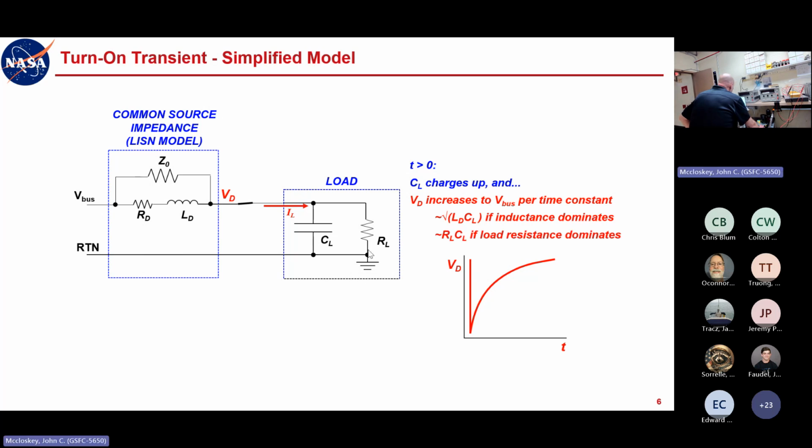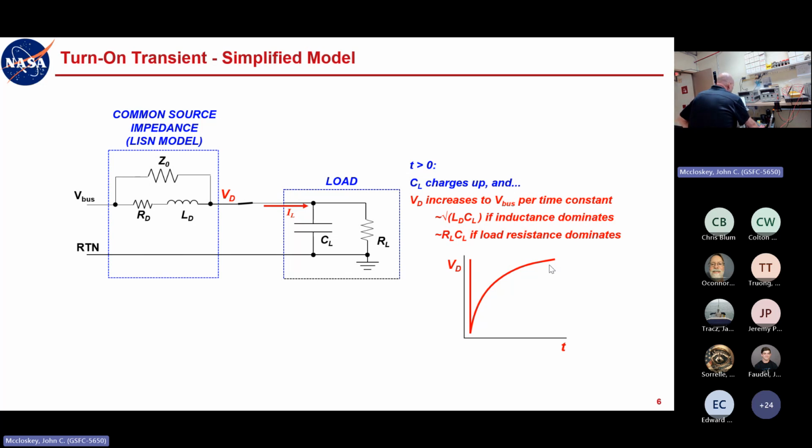Or if this load resistance dominates, it'll be closer to your RC time constant. But one way or another, it's going to be pulled instantaneously down to 0 volts or close to it, and then ramp up to the bus potential according to the time constant of the circuit.